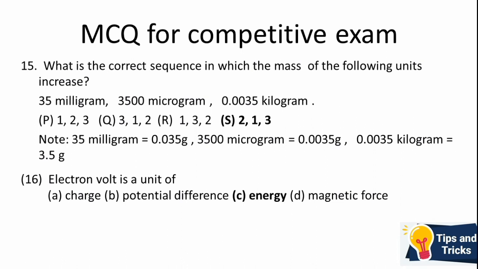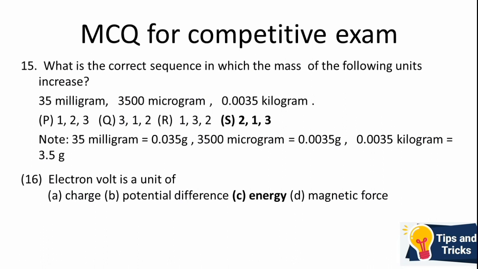Now let us convert 35 milligram into gram, which will be equal to 0.035 grams, and similarly 3500 microgram can be written as 0.0035 grams, and 0.0035 kilogram can be written as 3.5 grams.